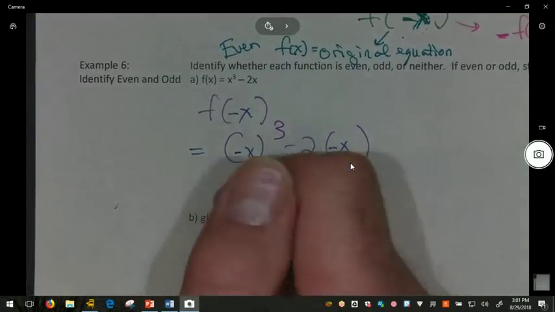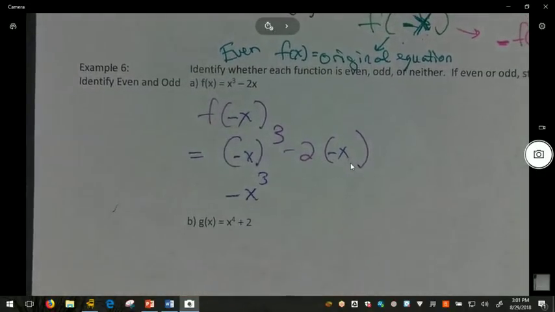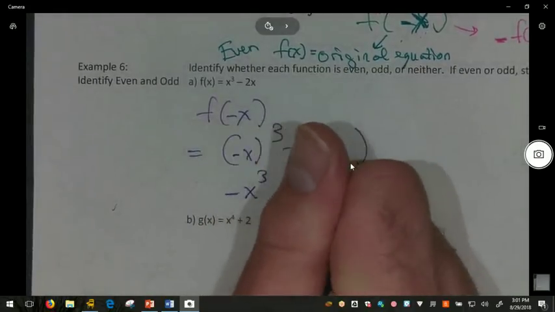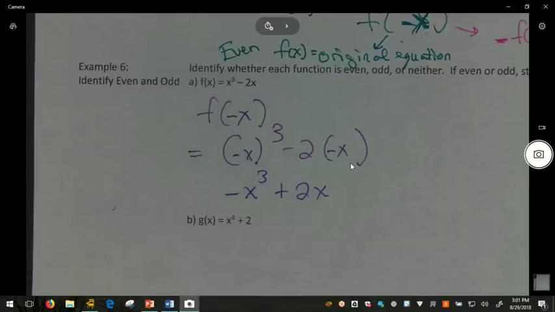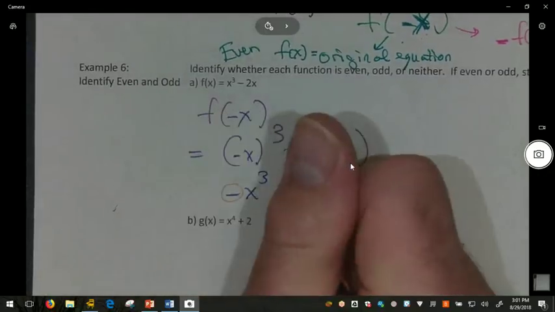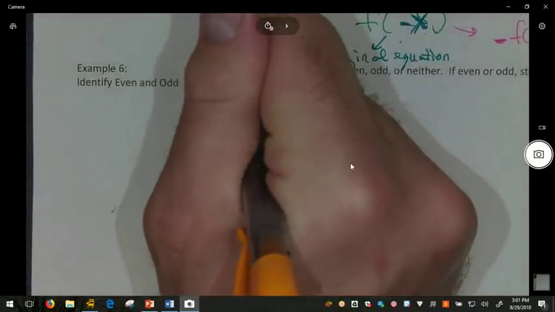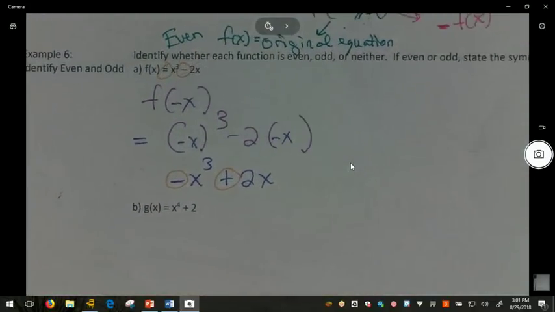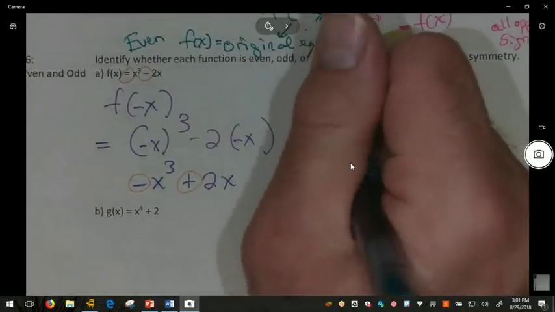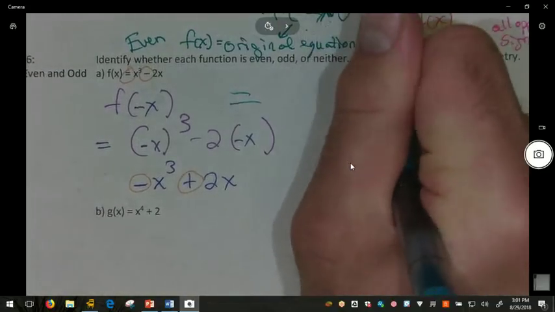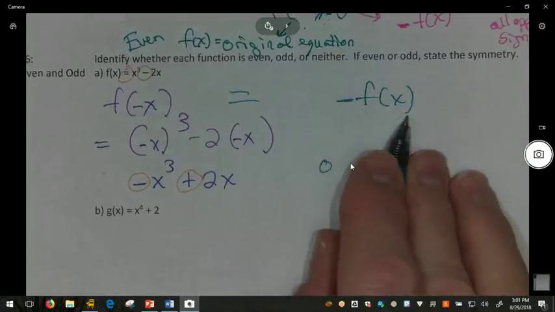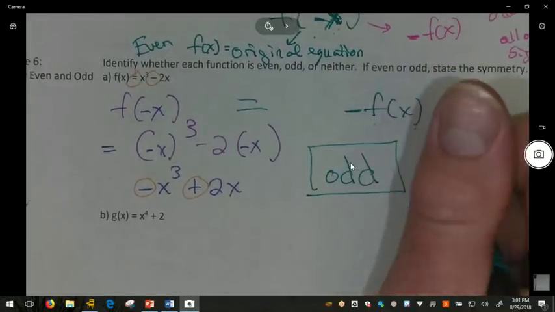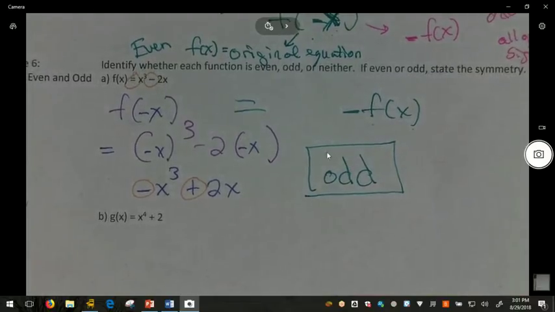When I cube a negative, it stays negative. And when I have the opposite of x times negative 2, that gives me positive 2x. Looking at these, the sign on these is the opposite of the sign in the original for every single term. Because of that, we get the opposite of the function, so it is considered to be an odd function.